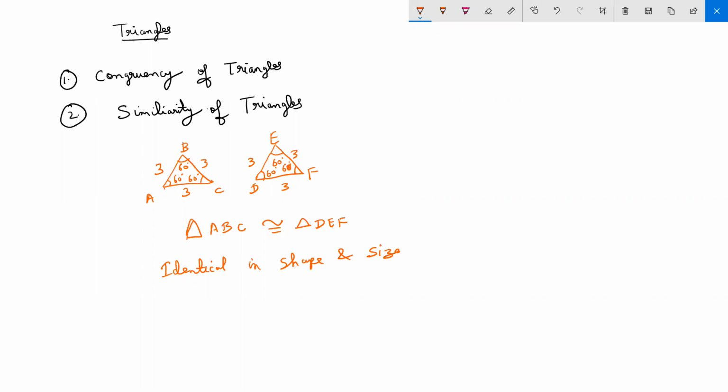Now come to similarity. Again, these two triangles are also equilateral triangles.